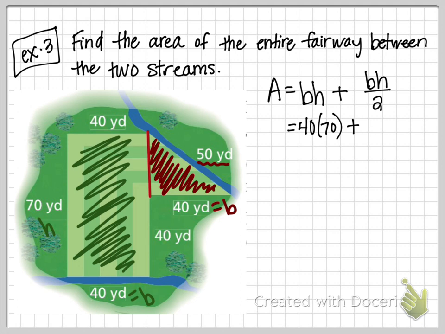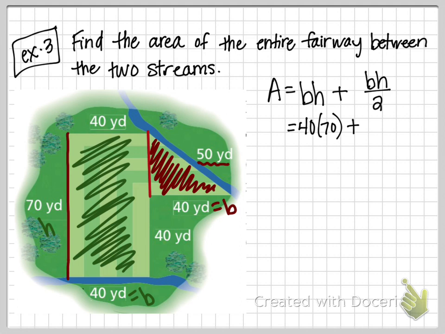Instead, Modibo, the base is 40. What would the height be? Roger, what do you think? 70 yards. No, 70 yards is this whole thing. Listen, watch this. Do you see how that whole long side is 70?